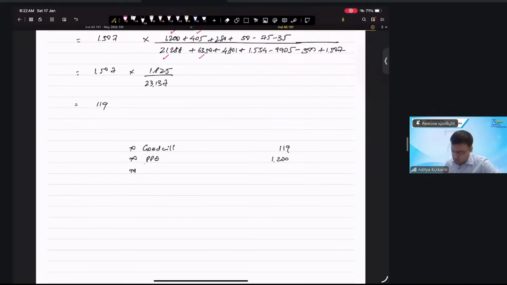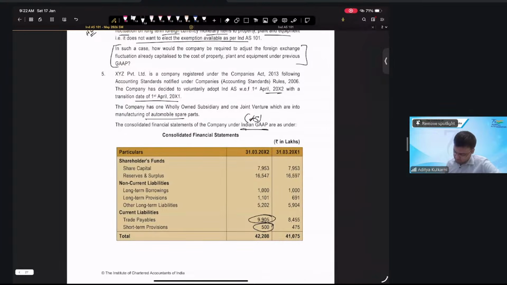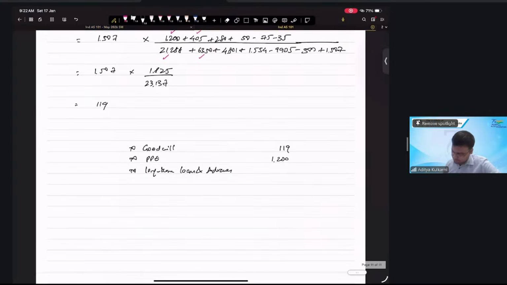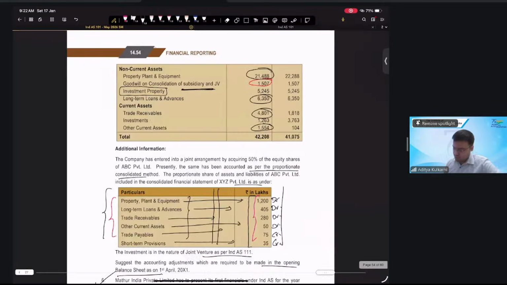To long-term loans and advances, 405. All that was included as joint venture proportionate consolidation, we are eliminating.